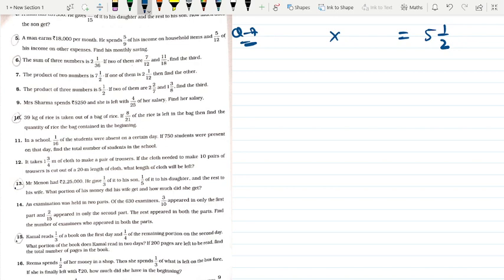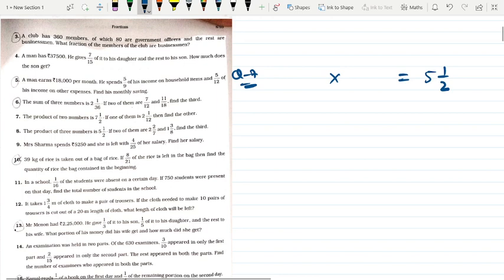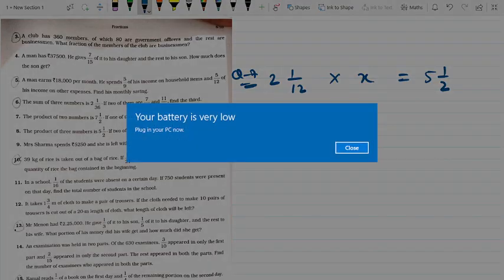So just write down according to the question. One of them is 2 1/12. Let's suppose the second number is x. So simply we need to find out the value of x.